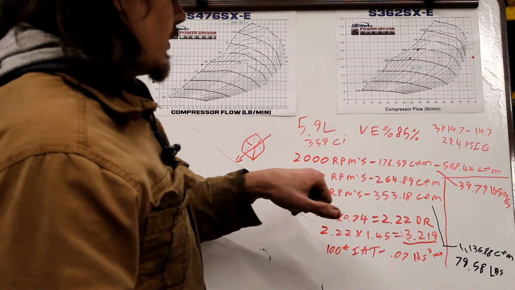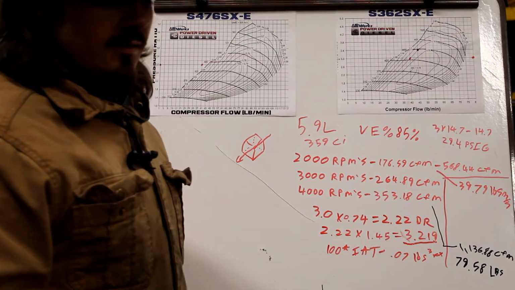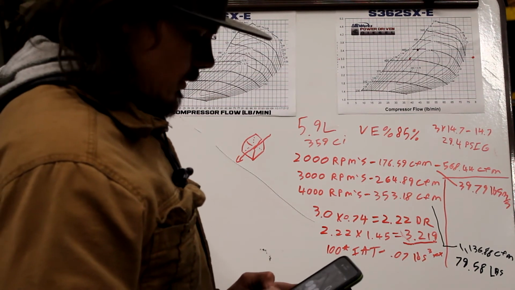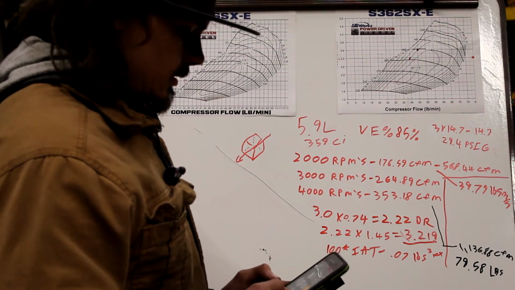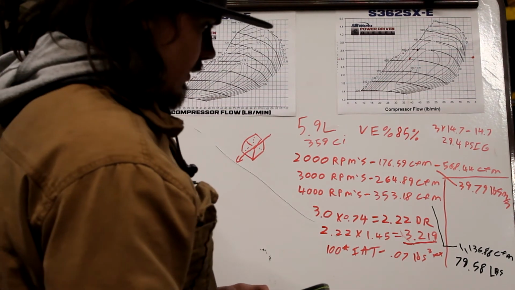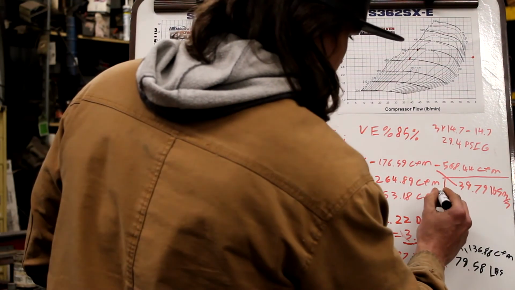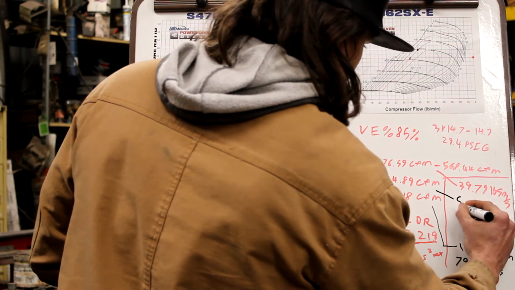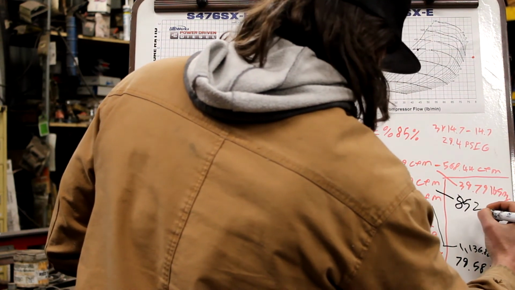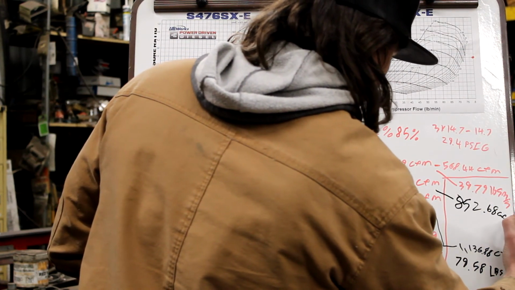264.89 CFM at 3,000 RPM multiplied by 3.219 for the density ratio. We'll do that real quick with our trusty calculator. 264.89 times 3.219 gives us, I wrote it down, sorry for the bad writing, 852.68 CFM.